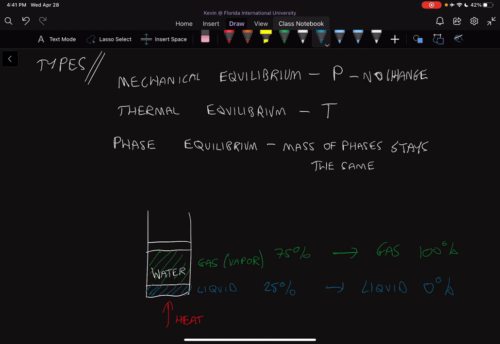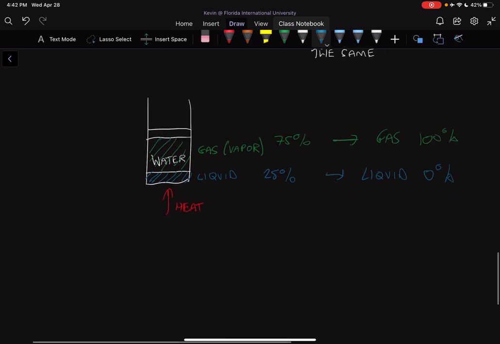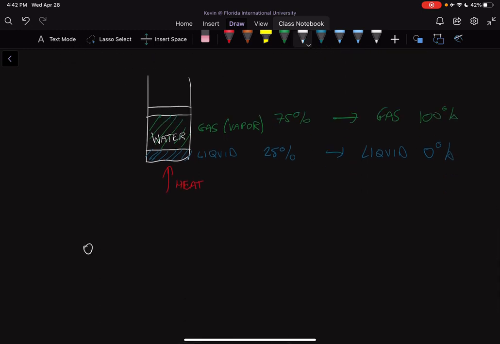So for example, going from 25% liquid to 0% liquid will happen slowly enough that we can capture that change. And that change is actually called quasi-equilibrium.